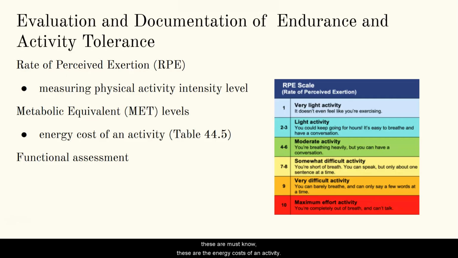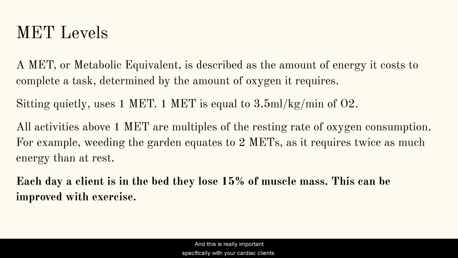And MET levels, these are must know. These are the energy costs of an activity. So if you look in your Pedretti, you will find a MET level scale. And this is really important specifically with your cardiac clients. So this is the amount of energy it costs somebody to complete a task, and it's determined by the amount of oxygen that is required.